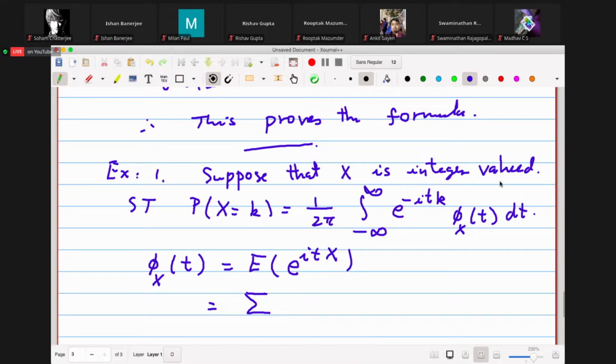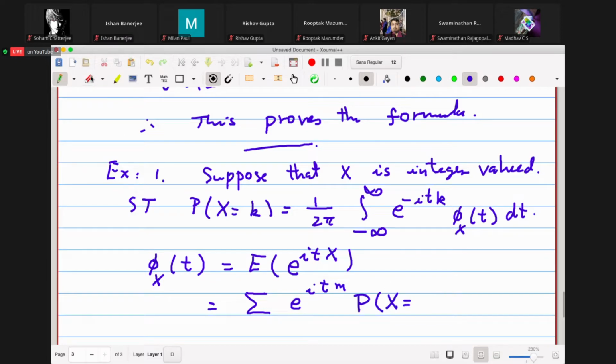Here, in fact, it takes integer values. So you can write e power itm times the probability of x equals m.